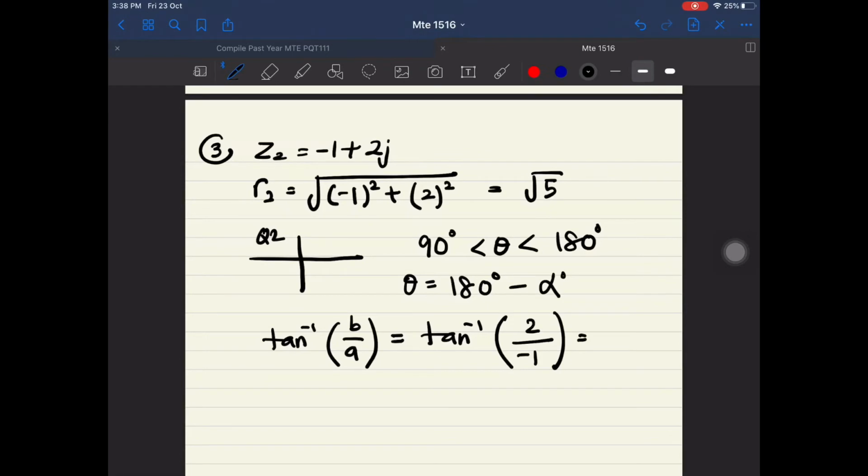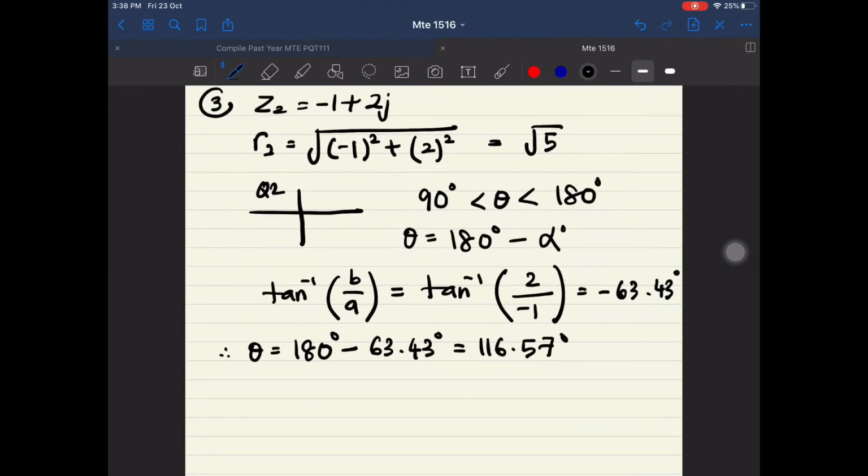So therefore you will have negative 63.43. So your theta is equals to 180 minus this value, and we just ignore the negative sign. 180 minus 63.43, you will have 116.57.